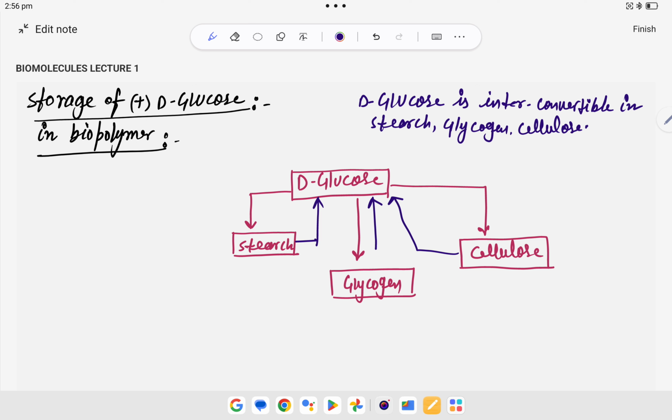Okay. So starch, where are you getting it from? In plant seeds as food. As food we are ingesting it in plant seeds.